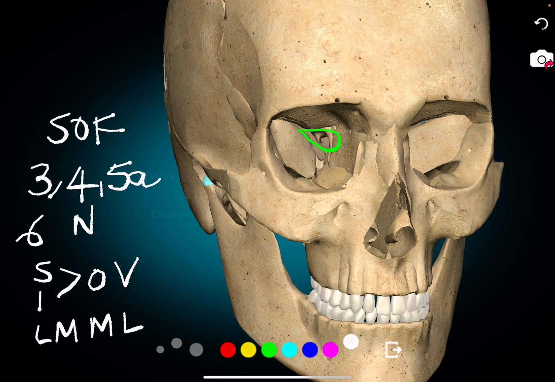And arising from this annulus tendinosus, you have a muscle on the superior side, the superior rectus, a muscle on the inferior side, the inferior rectus, rectus means straight, the lateral rectus, and the medial rectus.